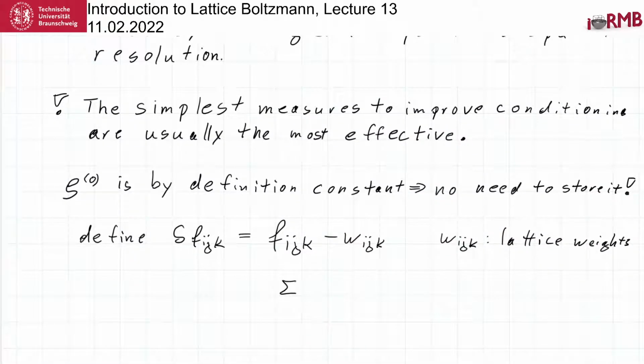And they are, of course, of this kind that when we sum them up, we get row 0.